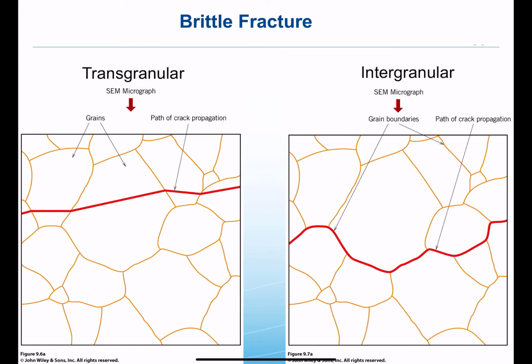And so really what we have are two options. We have a transgranular crack propagation where we go across grains. So you see our crack indicated by the red line moves across grains of crystals of the ceramic material. Or there can be intergranular crack, where the crack propagates between grains and never crosses a grain.